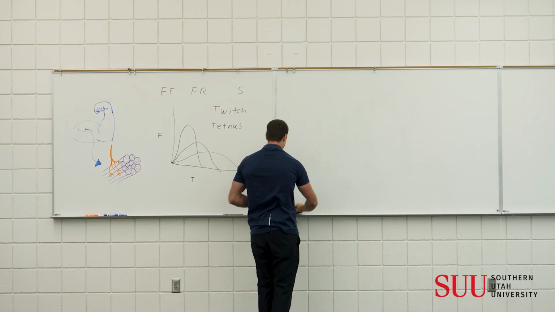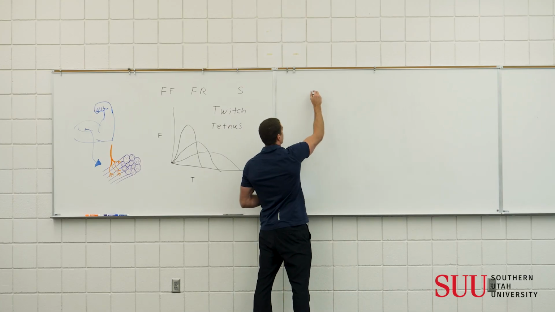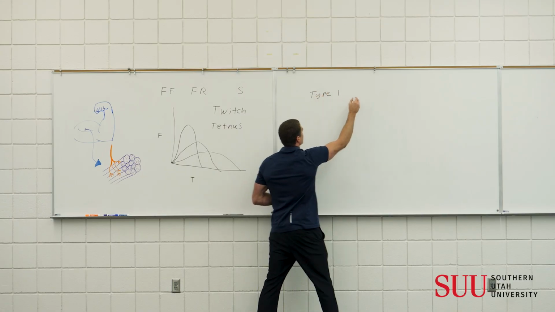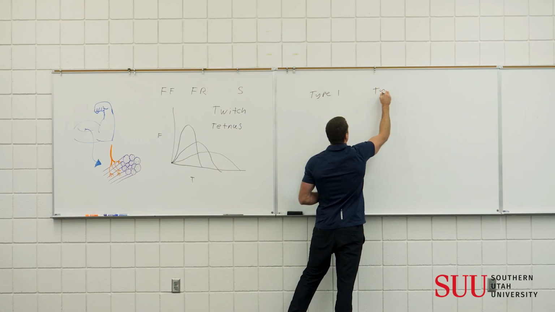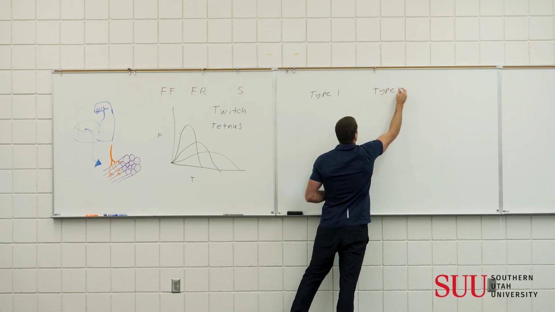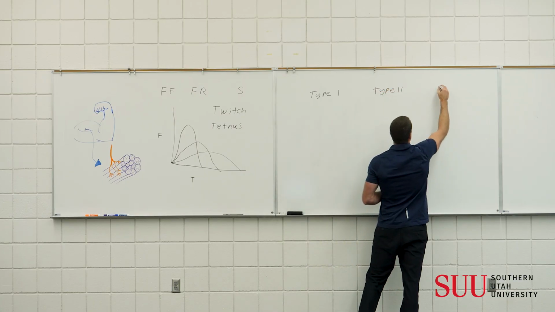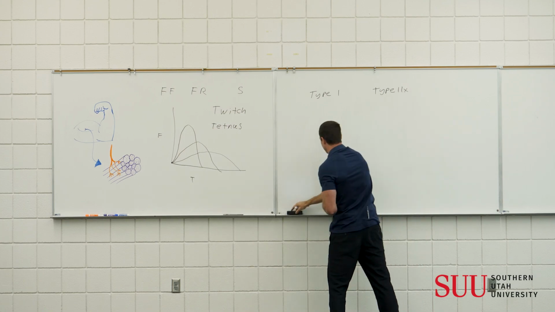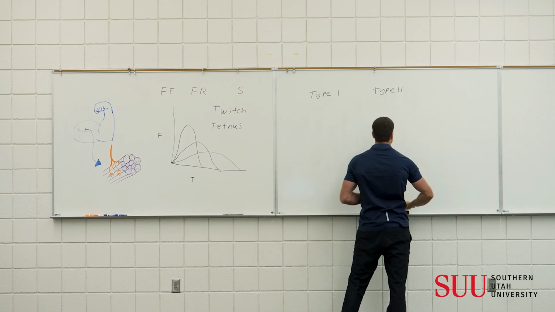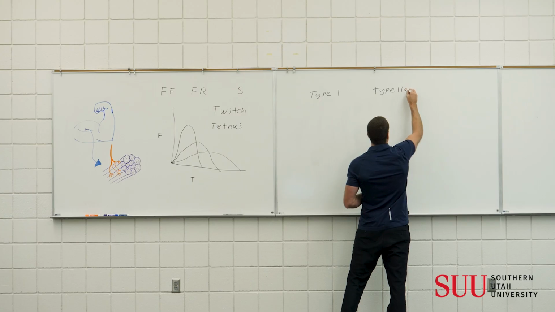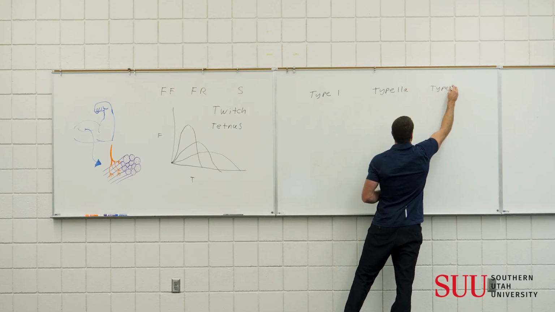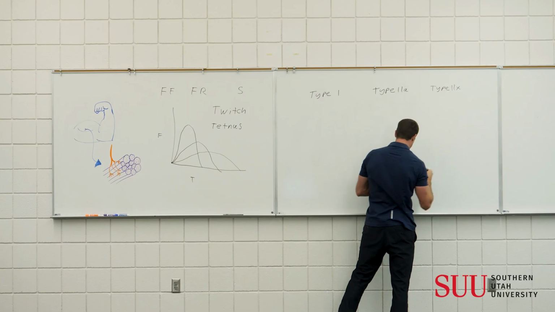Now, we're mainly focusing on humans, okay? So we'll go type 1, type 2. Let's be specific. I'll do type 2A first, type 2A and type 2X. All right.